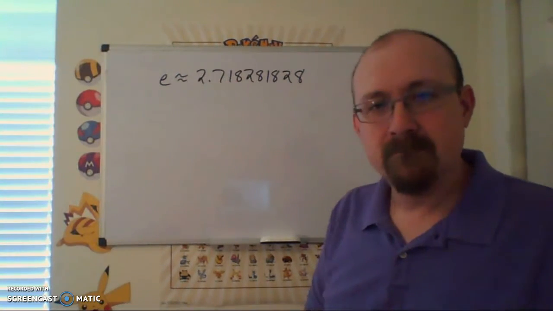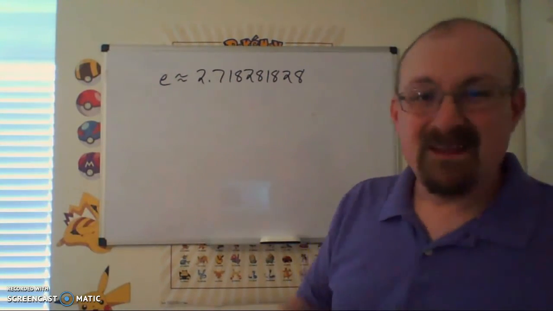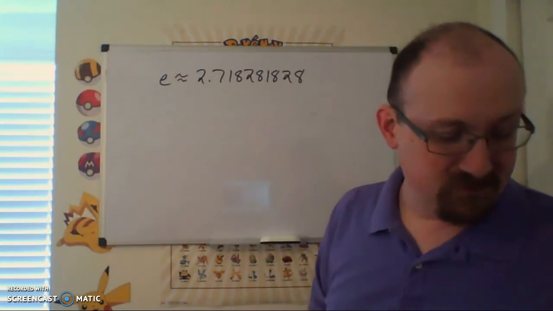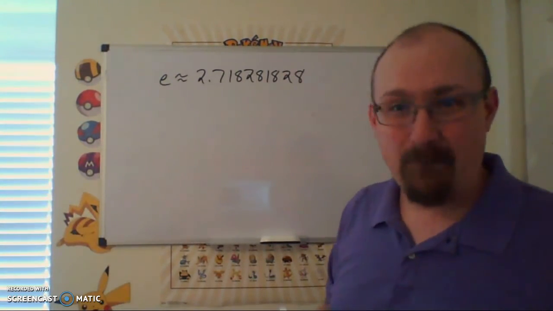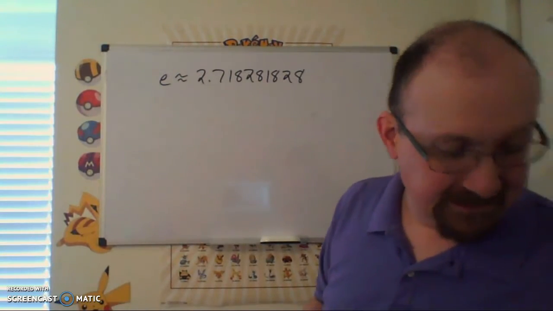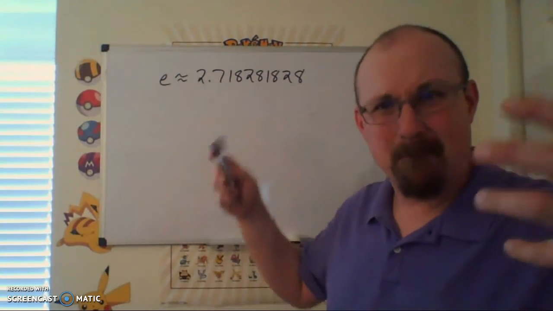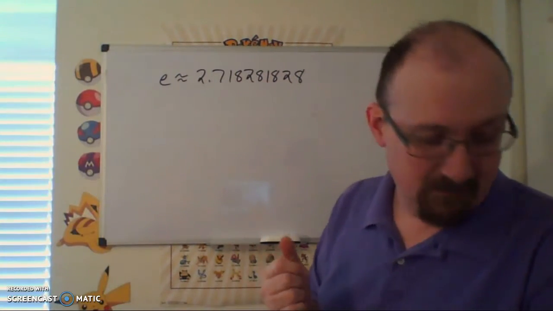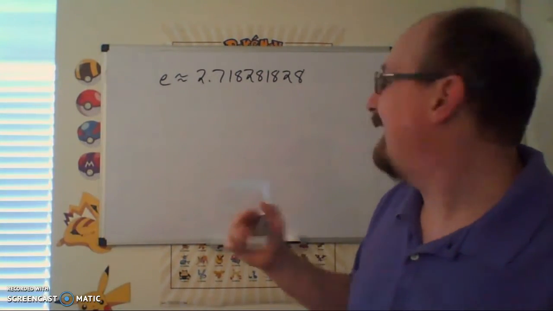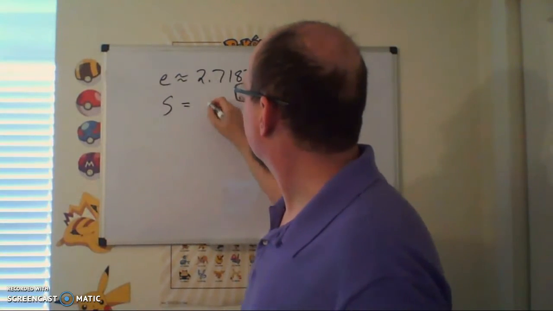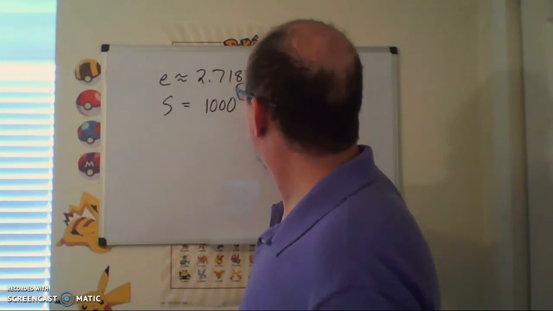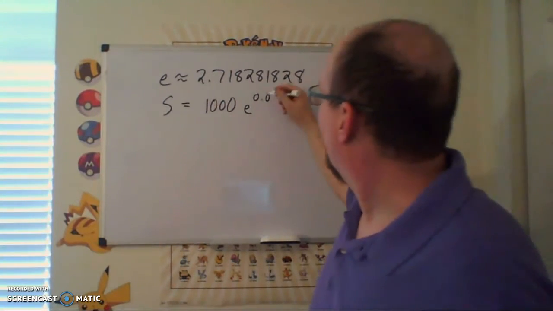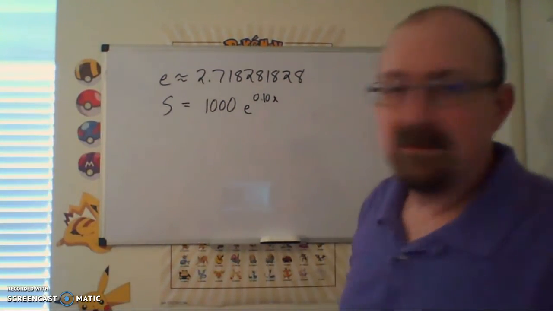That's the setup. Now that you've got that there, we have what looks like one of those exponential growth functions: a constant 1,000 times e, a base raised to something. It's technically got a coefficient in there if you look at the formula. So we have 1,000 e to the 0.10 times x.